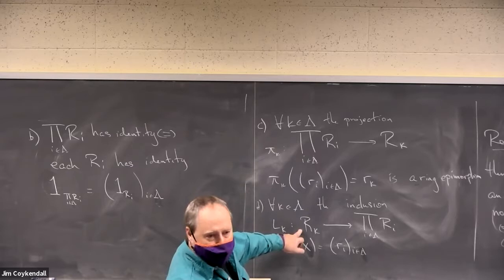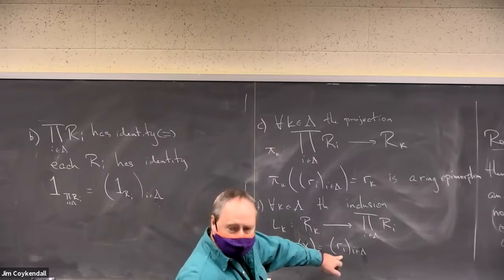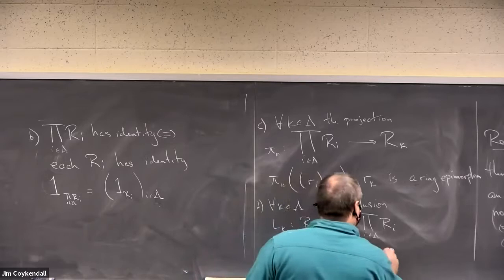So my input is something here. My output must be one of these nets where I need to find this.